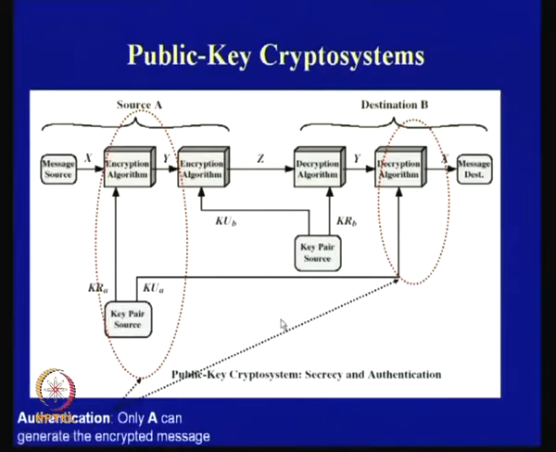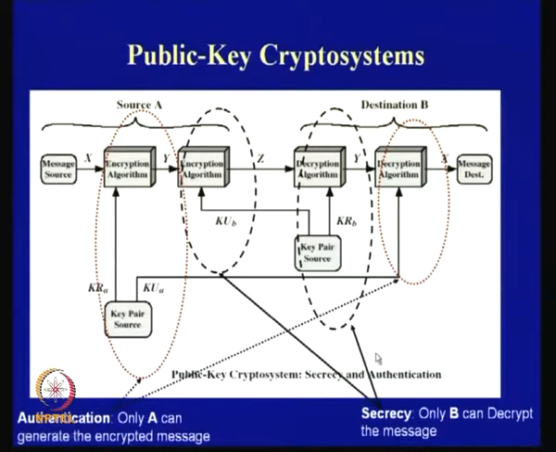But if you want to use it for secrecy of the information, you use a similar pair of keys, but in the other way. That is, you choose the public key for performing your encryption operation, and you decrypt the corresponding cipher text using the corresponding private key, because nobody else should be able to decrypt.